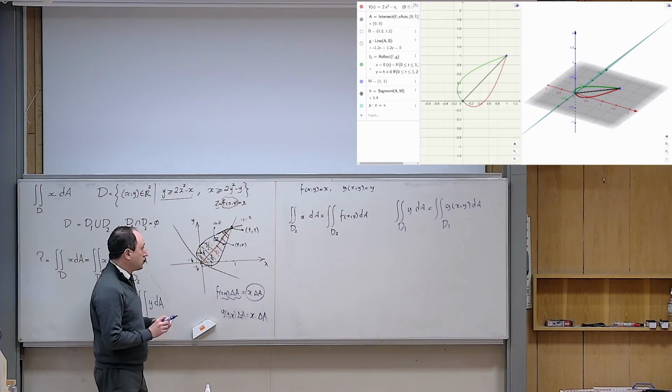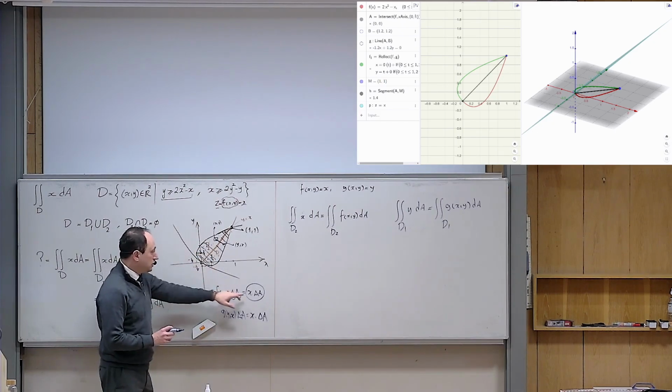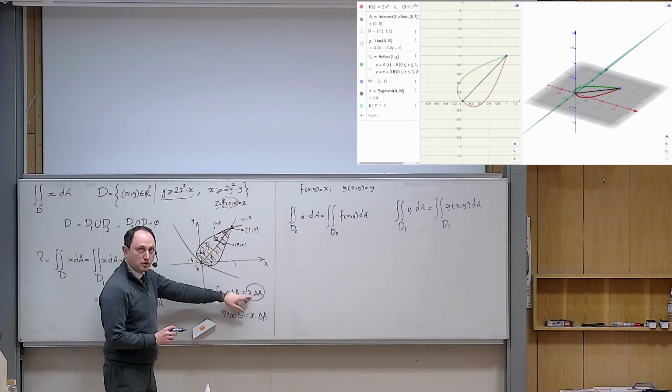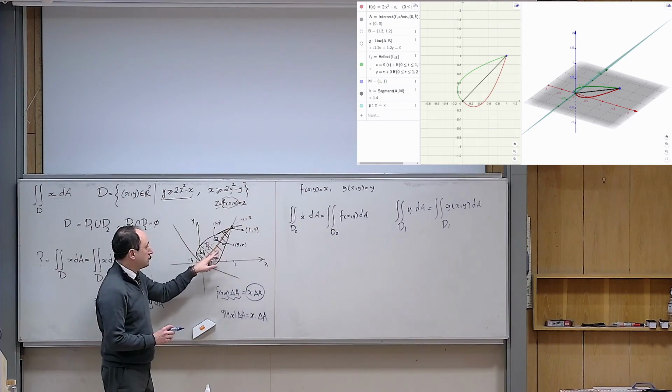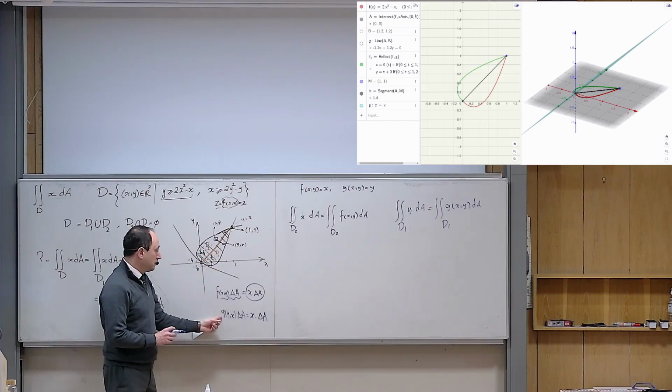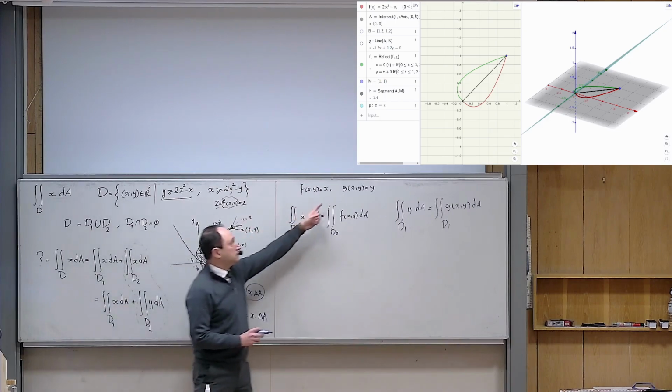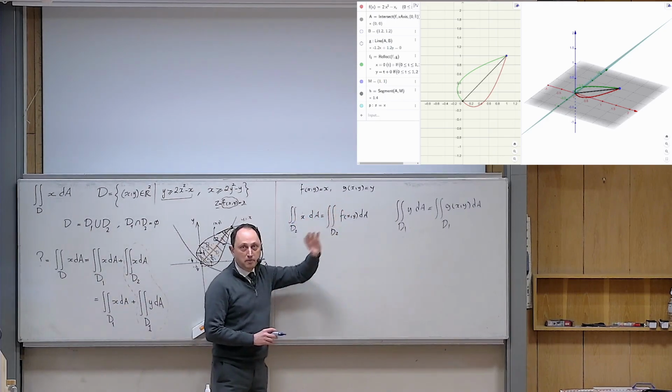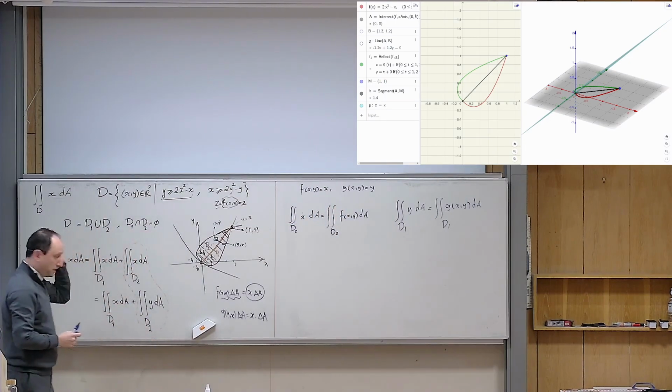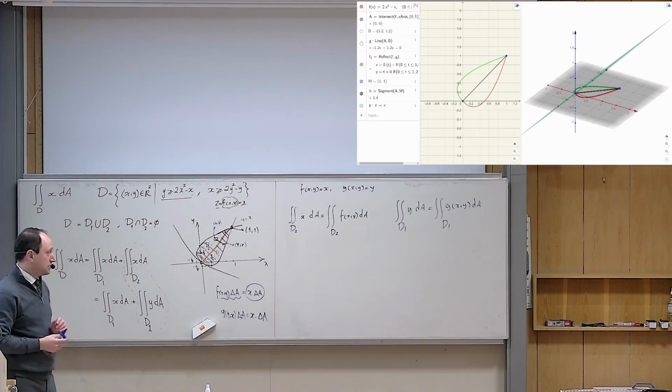So I hope that will convince you that for every point that you choose in domain D2 which gives you a contribution for the double integral over that region, you have exactly one point from the other region which gives you the same contribution if you choose g of x and y to be y. So if you choose this function. Okay? So I hope that I could convince you that actually these two integrals are the same.